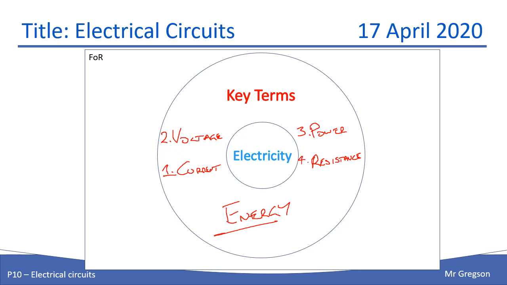So power and resistance. Now we're going to touch on parallel and series circuits today, but we'll cover them in far more detail when we get to resistance. So if they're unfamiliar to you and you can't remember any of them, don't panic. We'll go over them in far more detail later on.